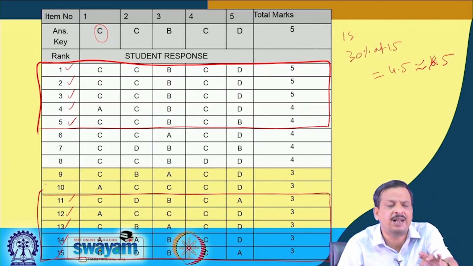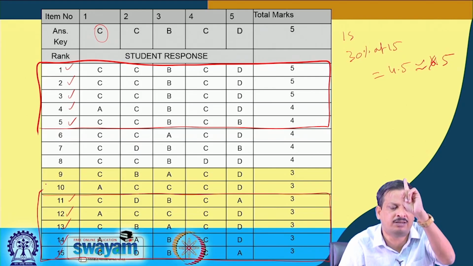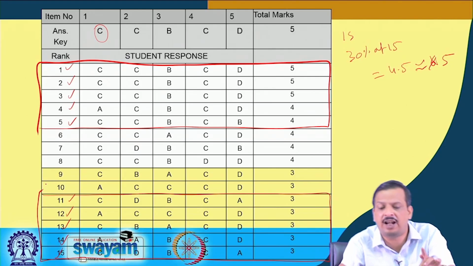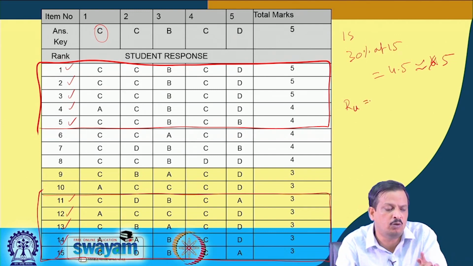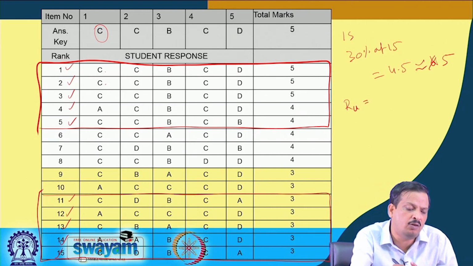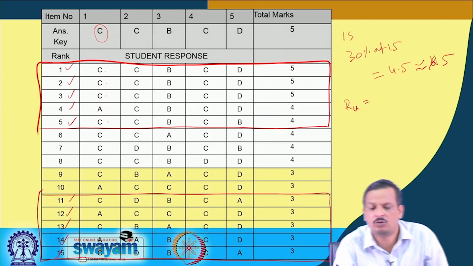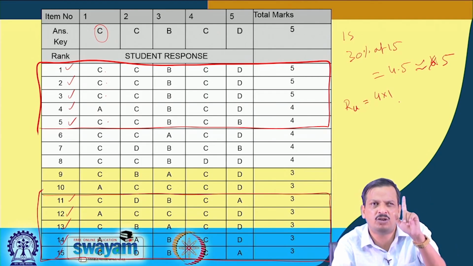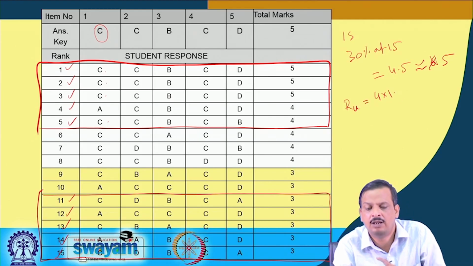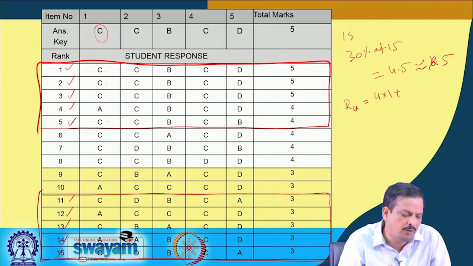So, if test item 1 carries 1 mark, then marks obtained by upper group RU is equal to, how many have the correct answer? 1, 2, 3, 4. So, 4 persons have given the correct answer, 4 into 1, each question carries 1 mark, plus marks obtained by the lower group.